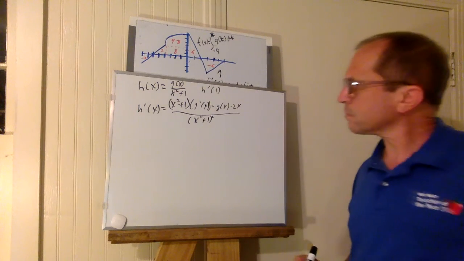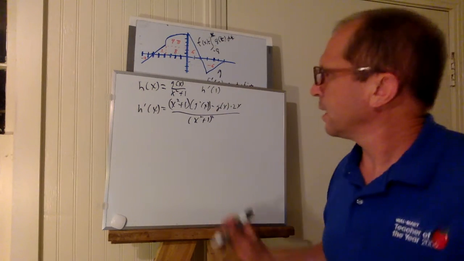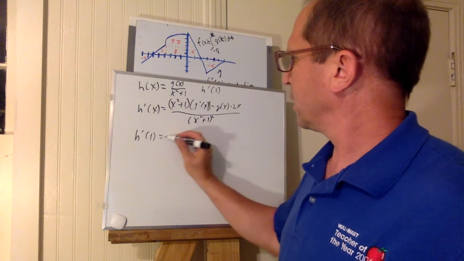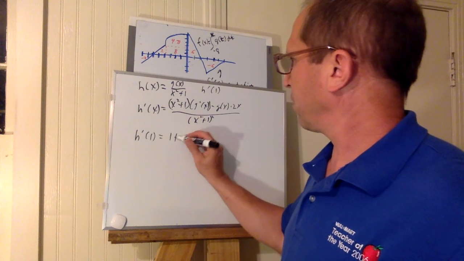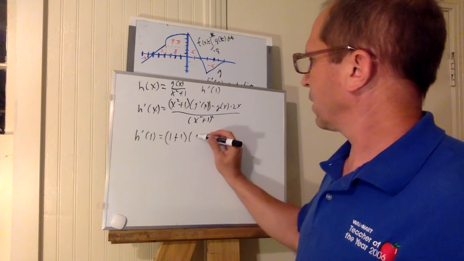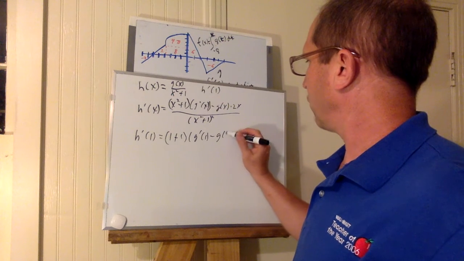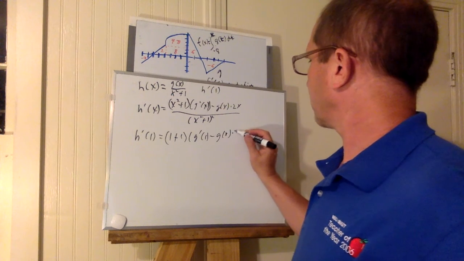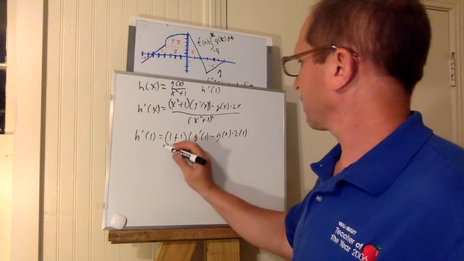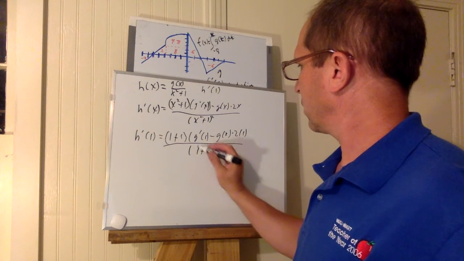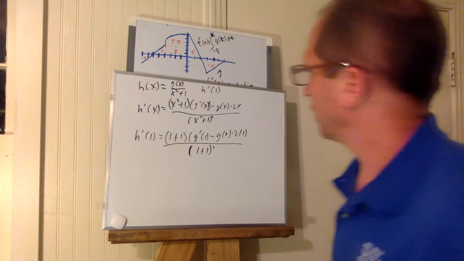All right, now from here, h prime of 1 is going to be 1 plus 1 times g prime of 1 minus g of 1 times 2 times 1 over 1 plus 1 quantity squared.